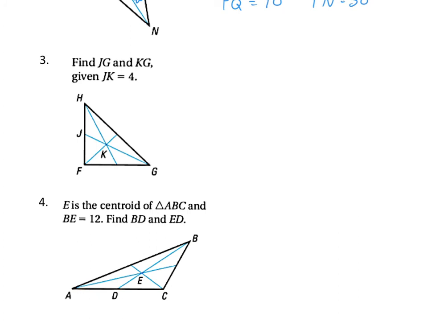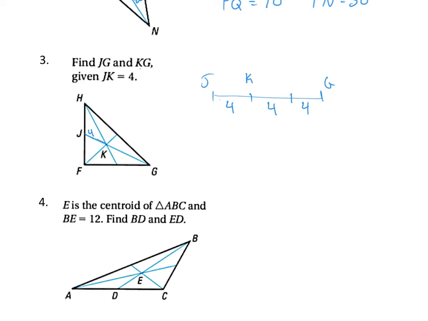Next example, find JG and KG, given that JK, right here, is 4. That is the bottom part, the one that's from the centroid to the midpoint. If I drew the entire chunk, JG is breaking up into thirds, and JK is that small bottom part, so each part is going to be 4, so 4 and 4 and 4.